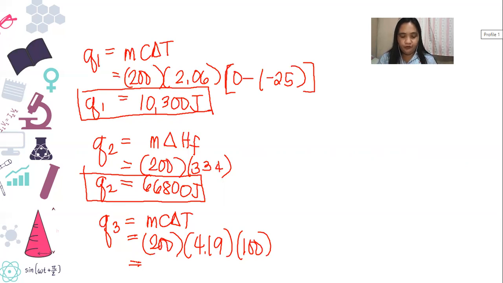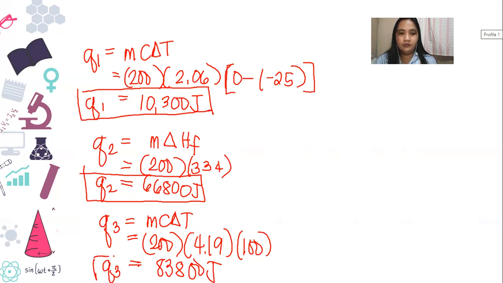Believe it or not, I'm just solving this problem today. So 4.19 times 100 is 83,800 joules. That's Q3.